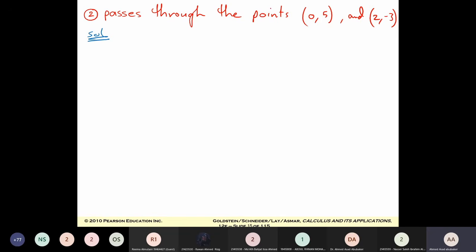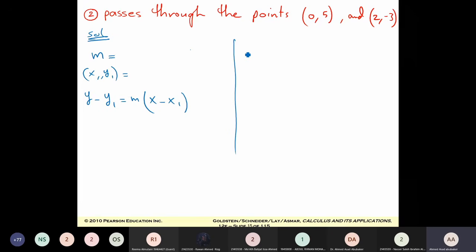We must have the slope and the point, x1 and y1, and substitute in y minus y1 equals m times (x minus x1). So we have 2 points, but we don't have the slope here. So how can we find the slope?